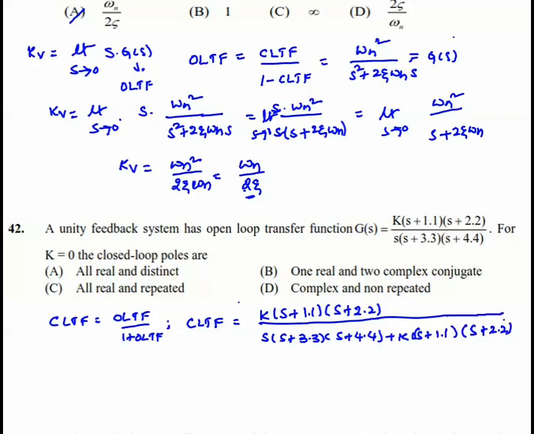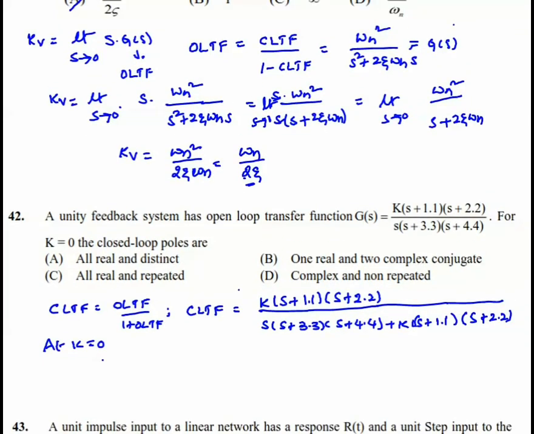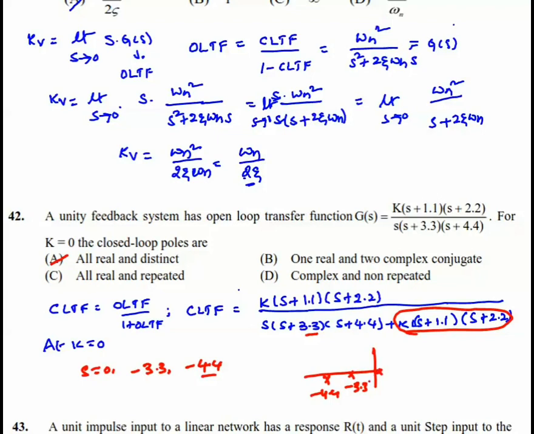Okay, so the open loop poles when K is equal to 0: at K equal to 0, this total term is going to be 0, and we have poles at s equal to 0, s equal to minus 3.3 and minus 4.4. So these poles are real and distinct. They are not complex or repeated. So option A is the correct option here.